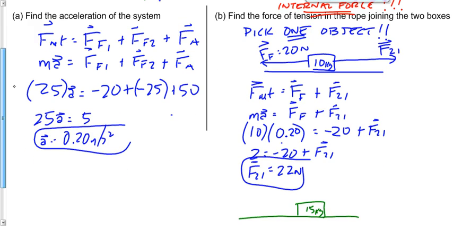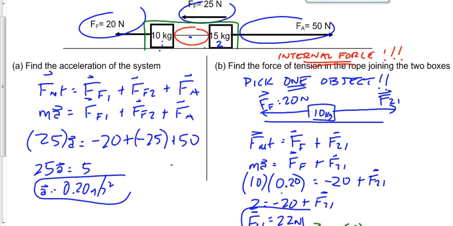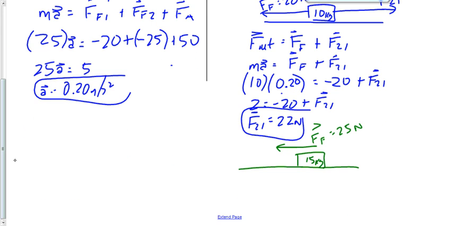Yep. There's a force of friction acting backwards on it. It was 25 newtons. There was an applied force to the right acting on it of 50 newtons. Anything else besides gravity and the normal force? Yep.